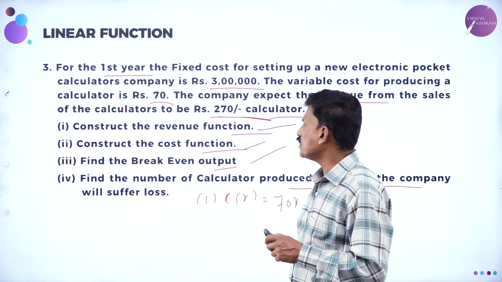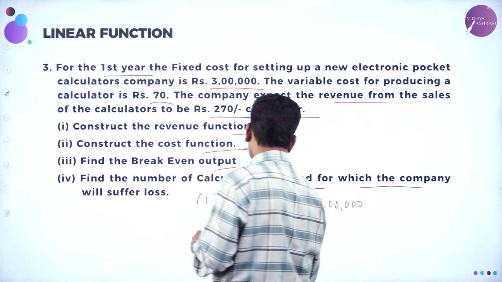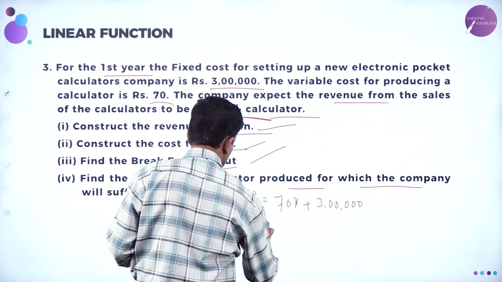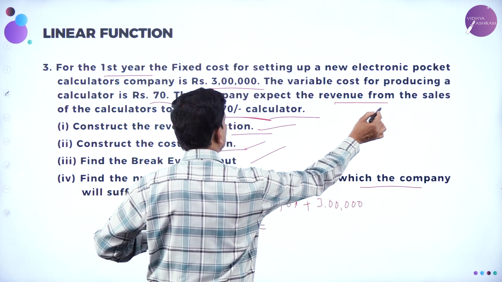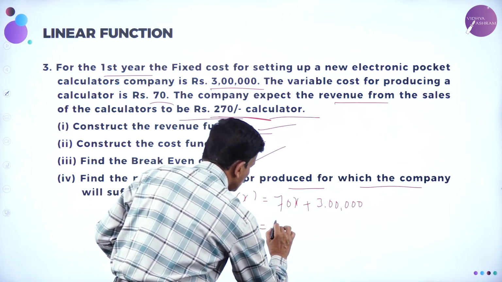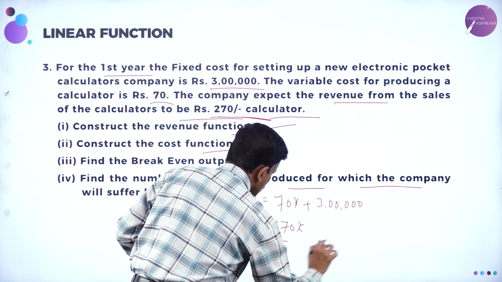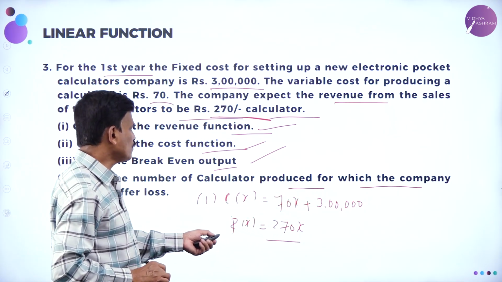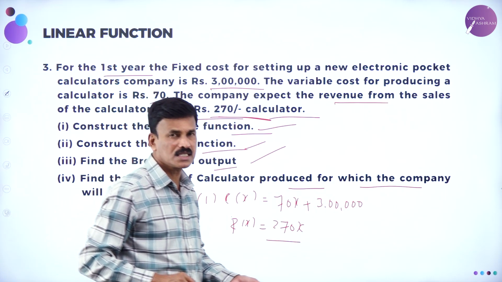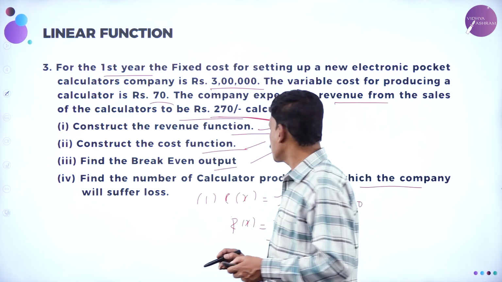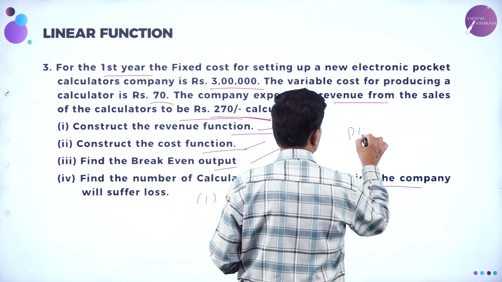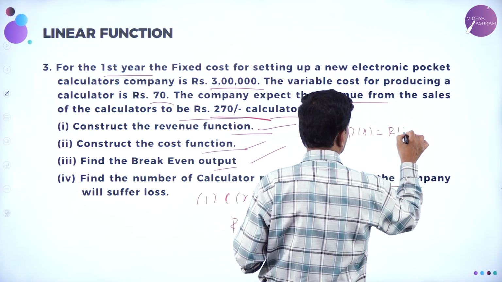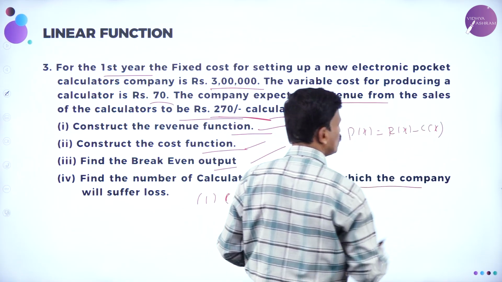Now R of x, what is R of x? Revenue function. So here R of x is equal to, what is the revenue we are going to get? The revenue from the sales is expected to be 270x. So C of x is 70x plus 3 lakhs and R of x is equal to 270x, right? Now find out P of x. P of x is nothing but, as you know, R of x minus C of x. Simplify this.